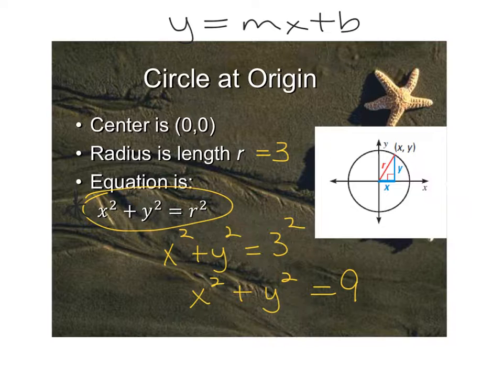So this is only when the center is at 0, 0. We're going to see when the center is not at 0, 0, and it's going to be a different formula. Does that answer your question? Okay. So basically, when you want to come up with your equation of the circle, make sure that the center is at 0, 0, and also find the length of the radius.